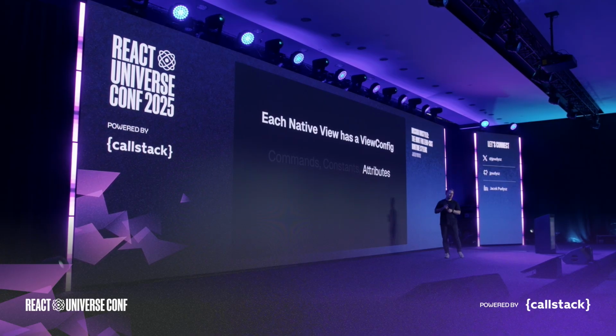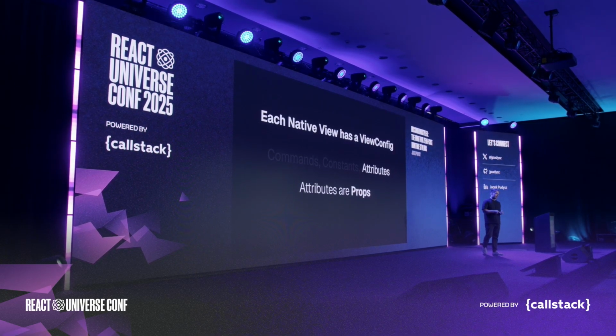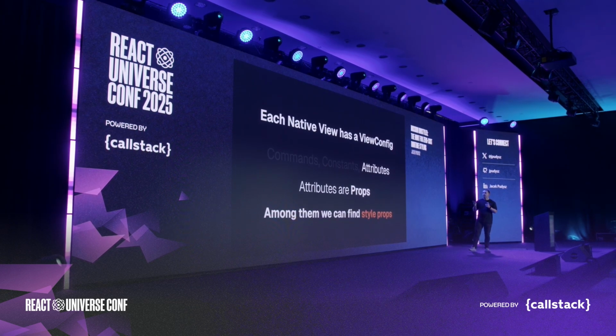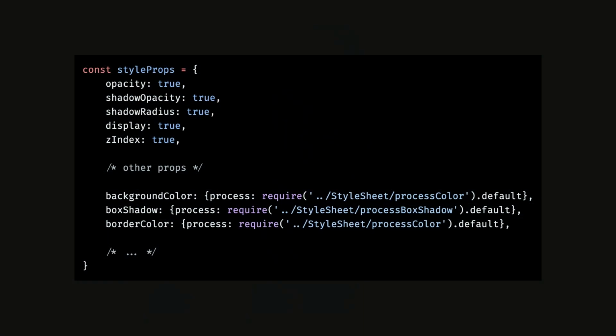In our case, the most important part is attributes, because attributes are props, are properties. And among them, there are style properties. So we are almost there. This is our style property configuration in view config.